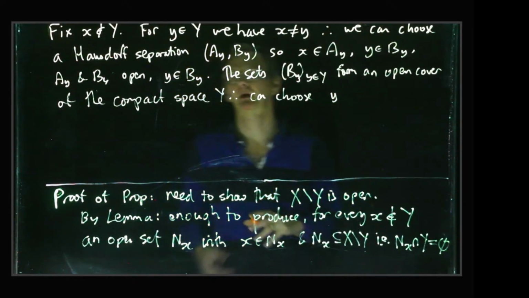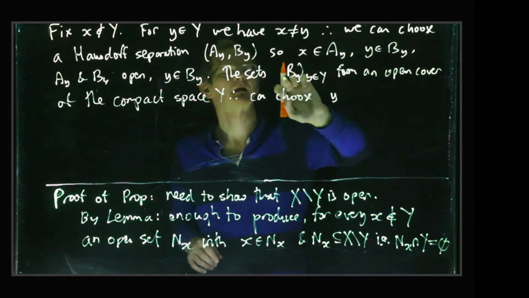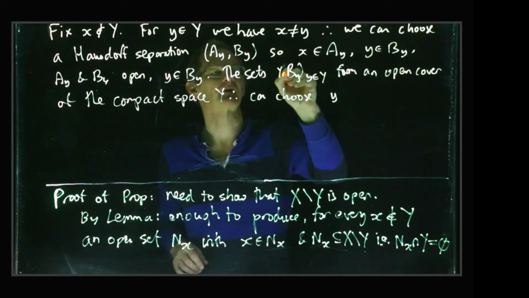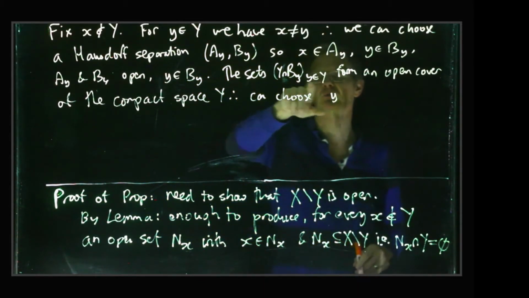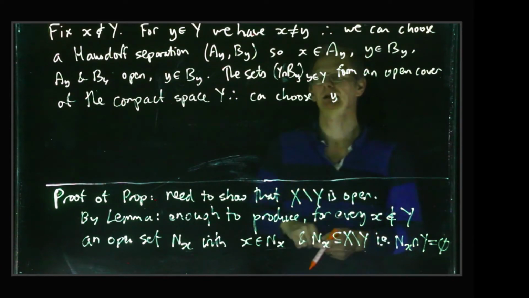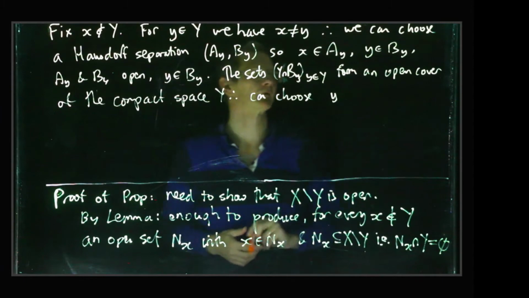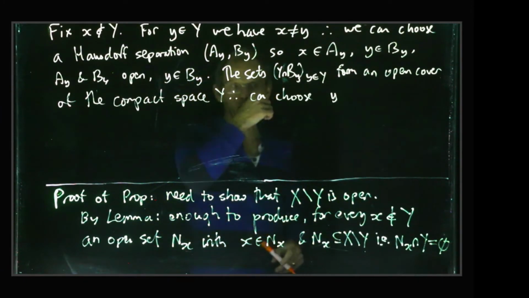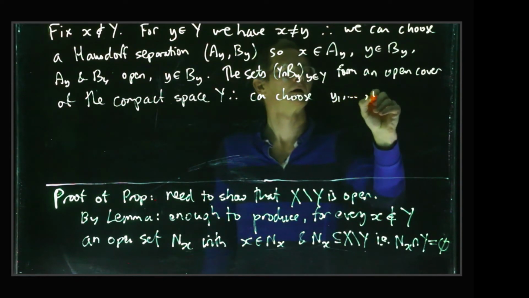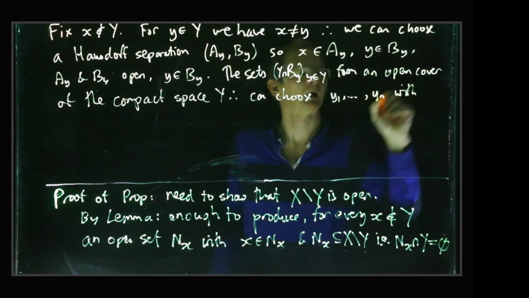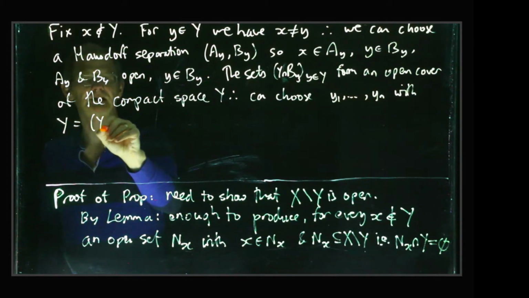So it means that we can choose some. Oh, actually, strictly speaking, it's not the sets. We have to think about the intersections. These intersections are open subsets of Y, and because y lies in By, they're going to form an open cover of the compact space Y. So we can choose some finite list with Y being equal to the union of the sets just in that finite list.